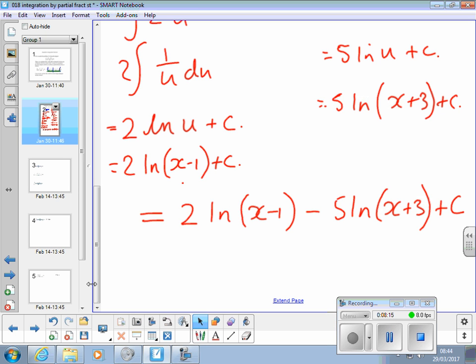You'd have an extra point if you included a plus c for each, but you have them all together as one constant of integration. Hopefully I've not gone wrong there.